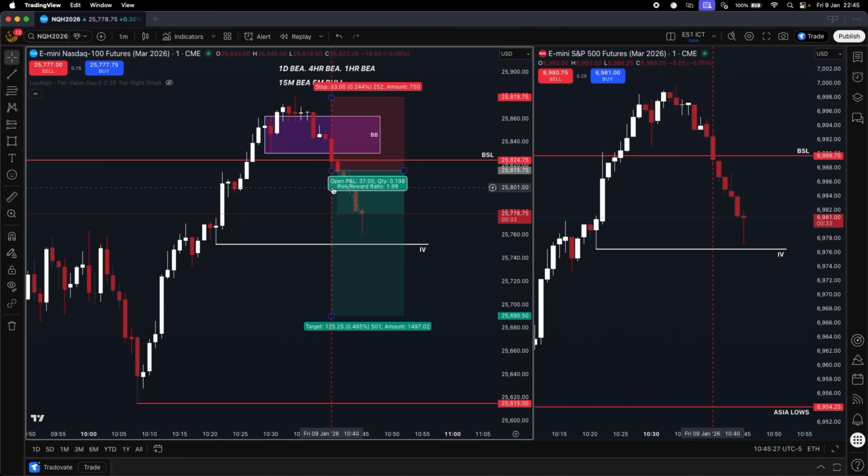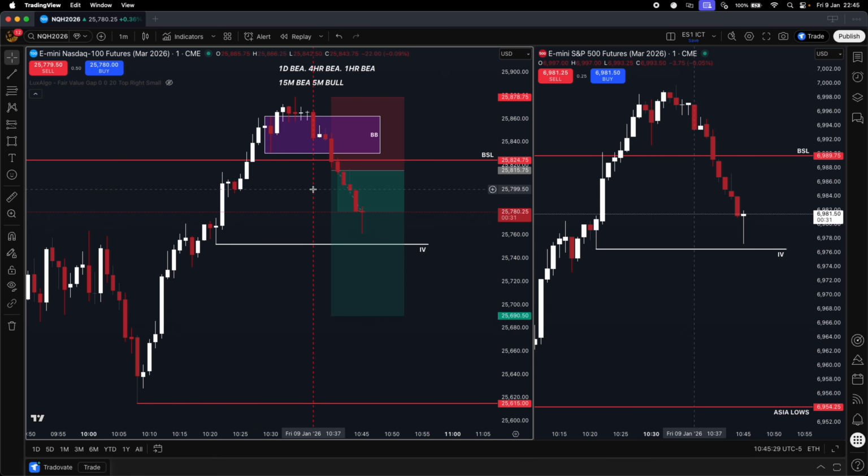So we have a first presented gap here, which is an 80 handle stop. It would be with 2 micros. And then this gap is 3 micros.